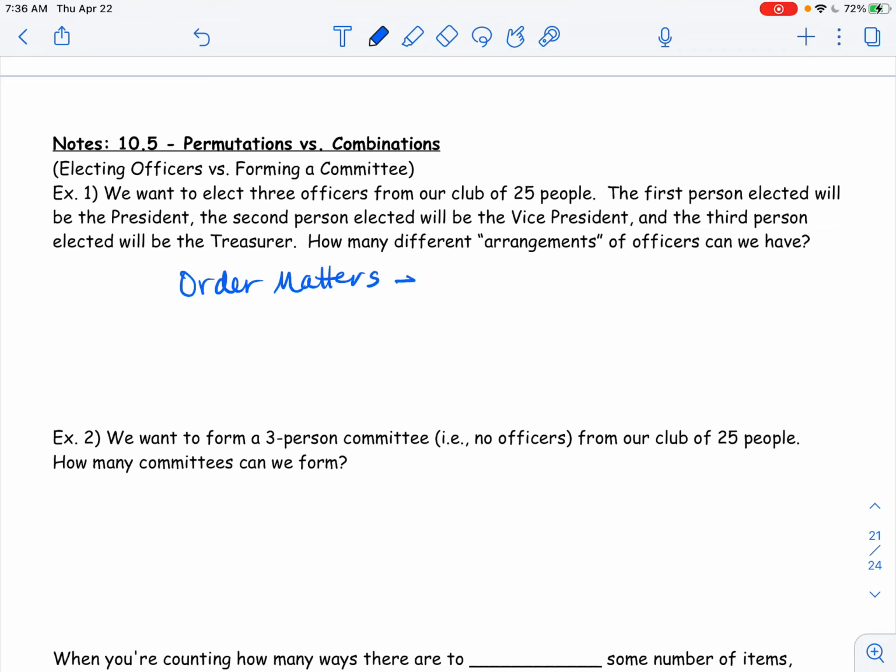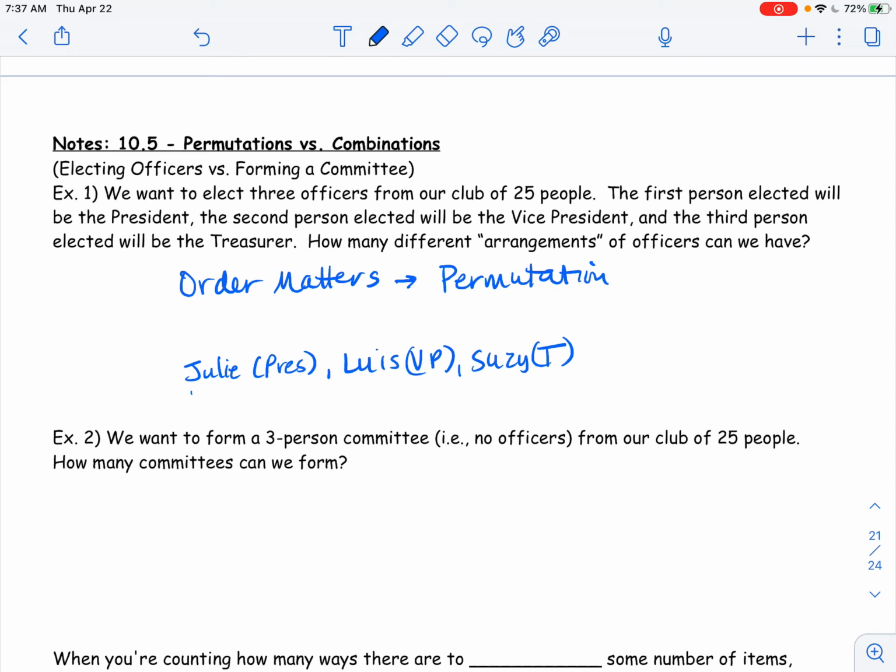Let me give you an example. If Julie is elected president, that is different than if Julie was elected treasurer. So here are my 3 people: Julie for president, Louis for vice president, and Susie for treasurer.